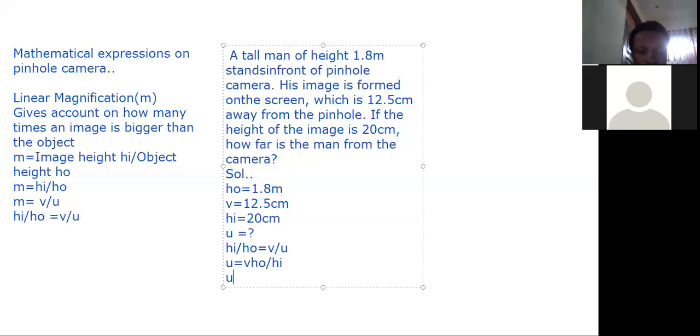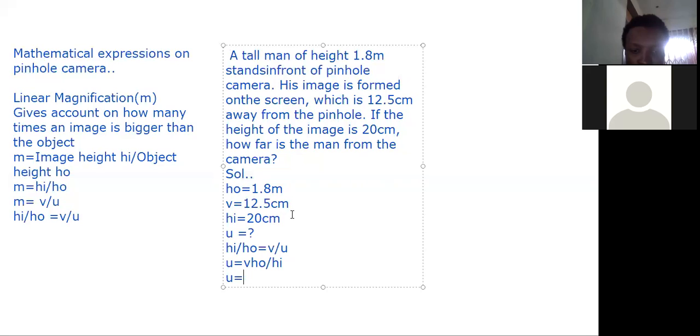Now we are given v to be 12.5 cm. But don't forget that these two are in centimeters and this one is in meters. So either we change this into meters or we change this one to centimeters. Changing this to meters will be very expedient.